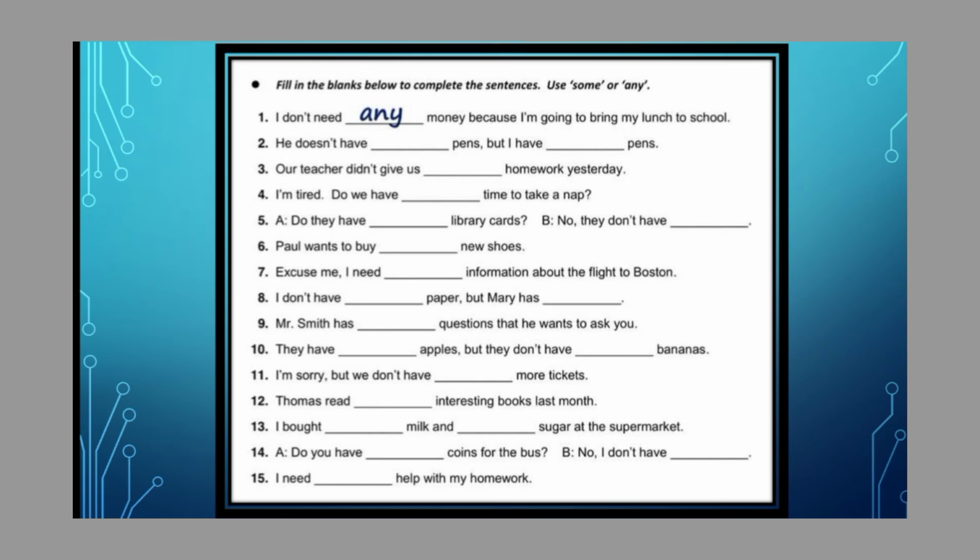Here we are going to complete this exercise by using two determiners called some and any. We use some in a positive sentence and any in a negative sentence.